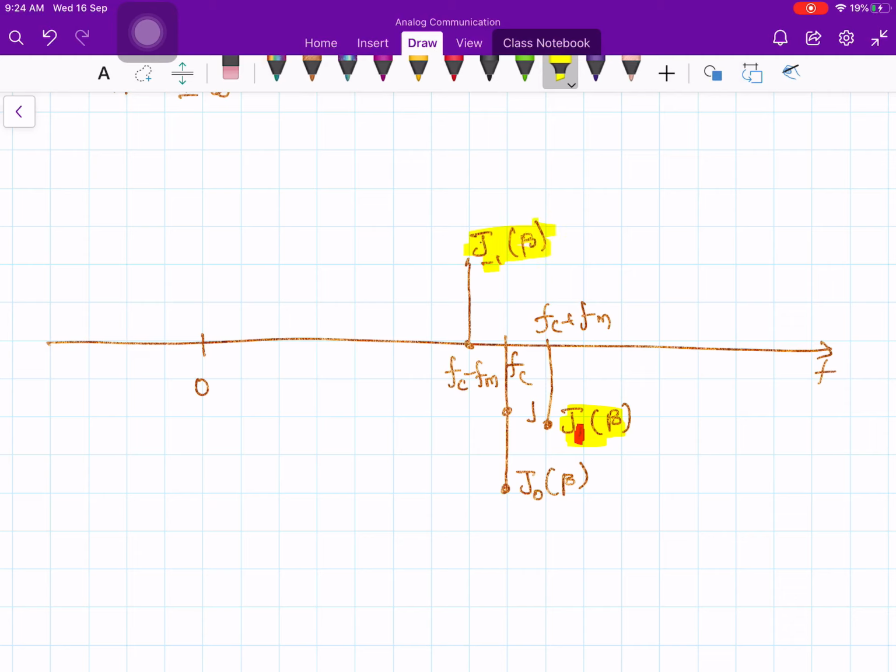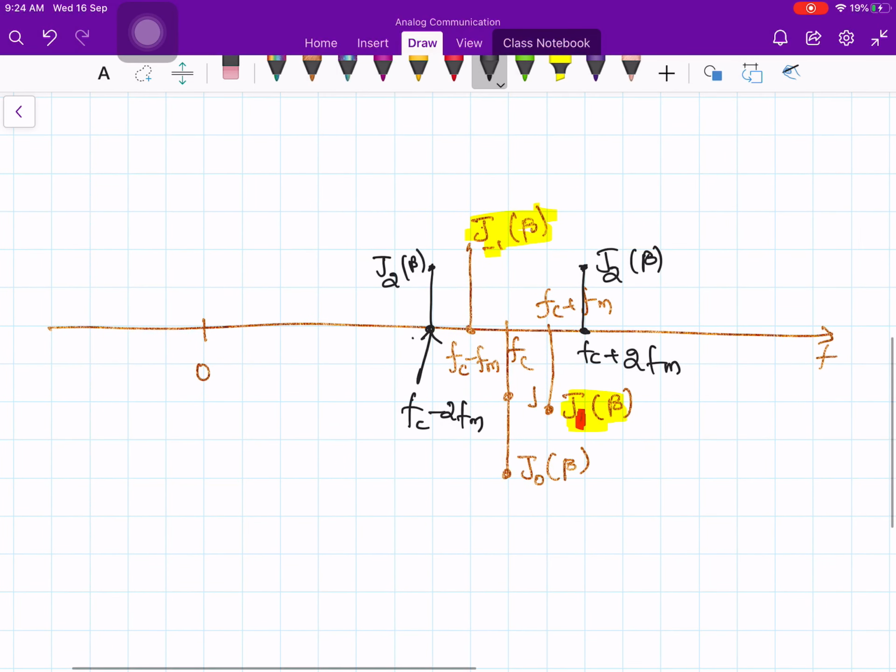Now, this point is f_c + 2f_m, you have J_2(β), and here also J_2(β). This point is f_c − 2f_m.